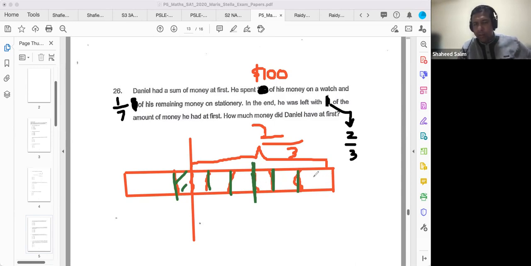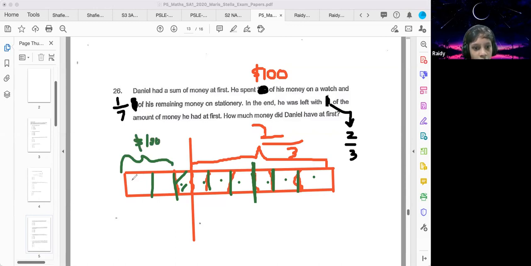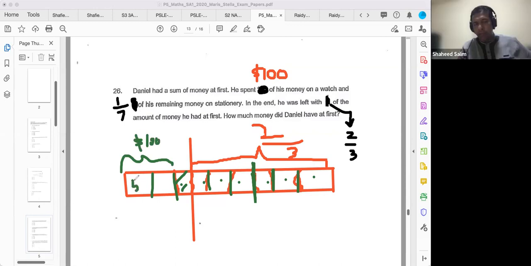So 1/3 is made up of 1, 2, 3 lah. So down here must be 1, 2, 3. Down here now, this is $100. Answer 50. 50, yes. But if they ask you for the total amount, you will take 50 times 3, 3, 3.